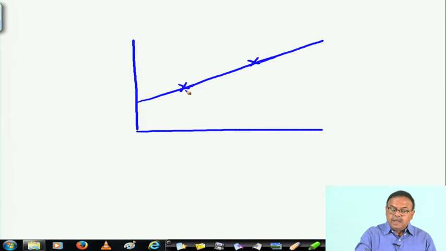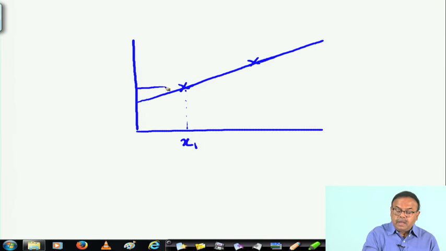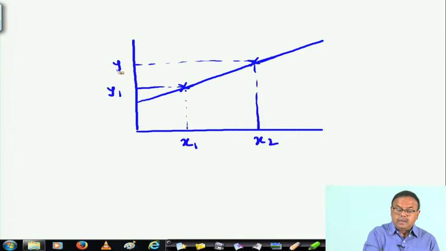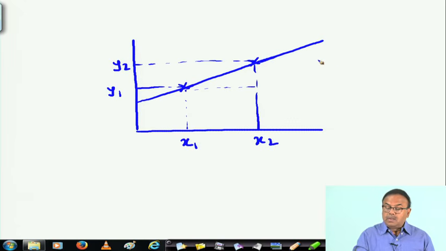This is school level coordinate geometry: x1, y1, x2, y2. You can find out the slope of this line, right, which will be nothing but y2 minus y1 divided by x2 minus x1.